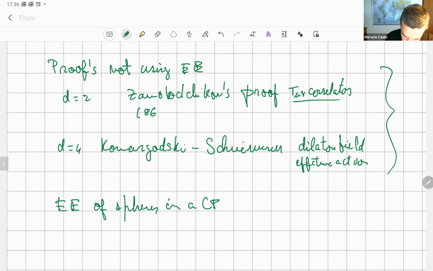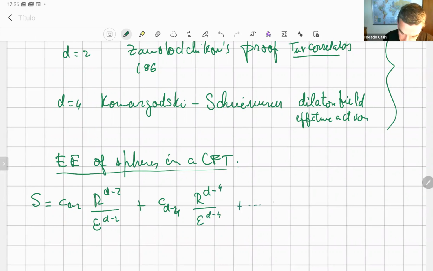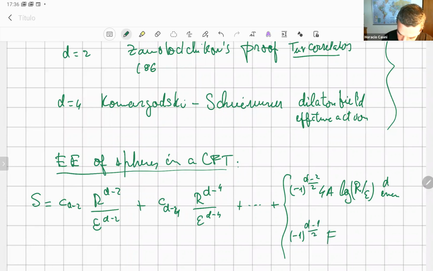in a CFT. I described it yesterday, the case of D equal to 4, but in general, you expect that the entropy has some area term plus some subleading terms, and at the end, the last term will be, depending on if the dimension is even or odd, (-1)^((d-2)/2) times A. There is a logarithmic term in the case of even dimension, and there is a constant term for the odd.